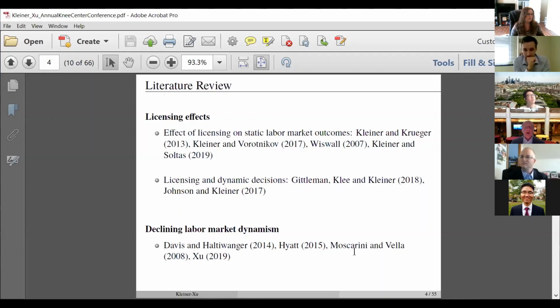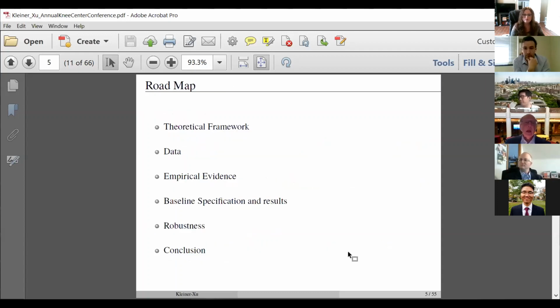And we also tie this work to overall declining labor market dynamism in terms of Davis and Haltiwanger, and work that my co-author has done, looking at why the labor market has declined in terms of the ability to switch between occupations. So the roadmap for the paper is I impose a theory tax.